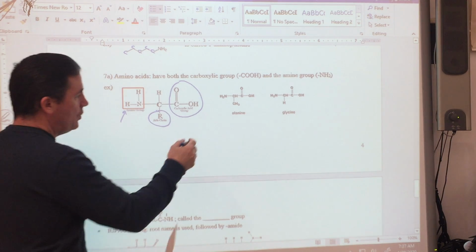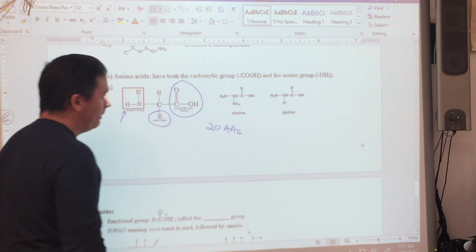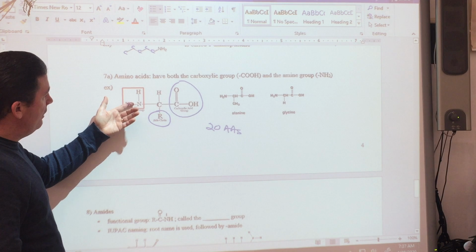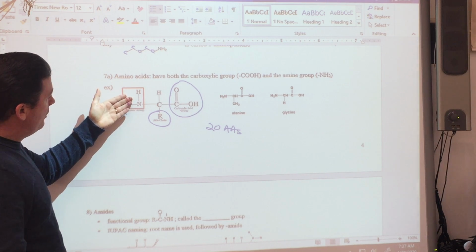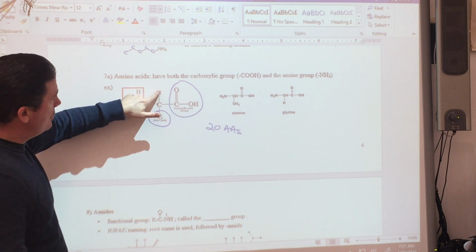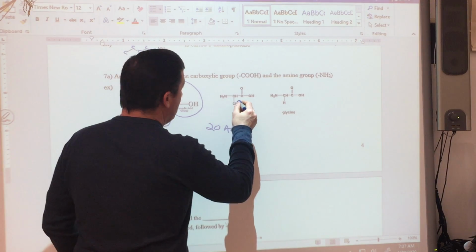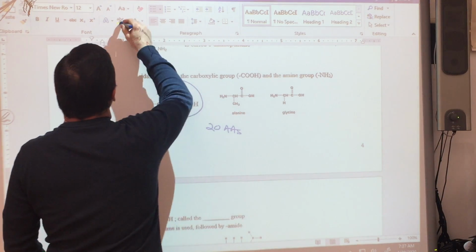In humans, there are 20 different ones, 20 amino acids, and they all have the same characteristic. We've got an amino group, carboxylic group, a hydrogen here, and then a side chain.